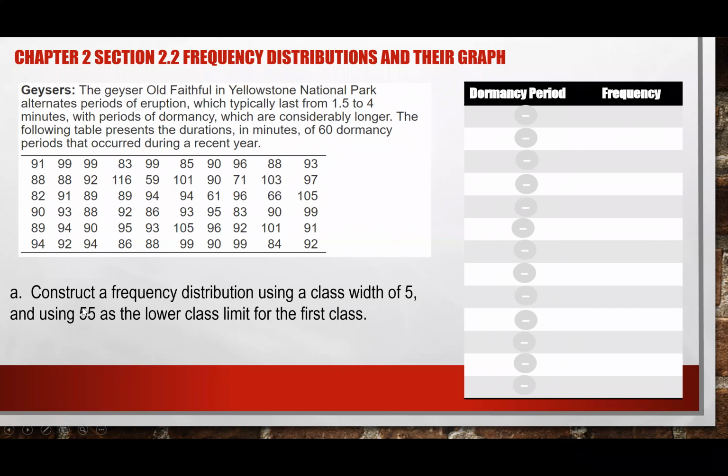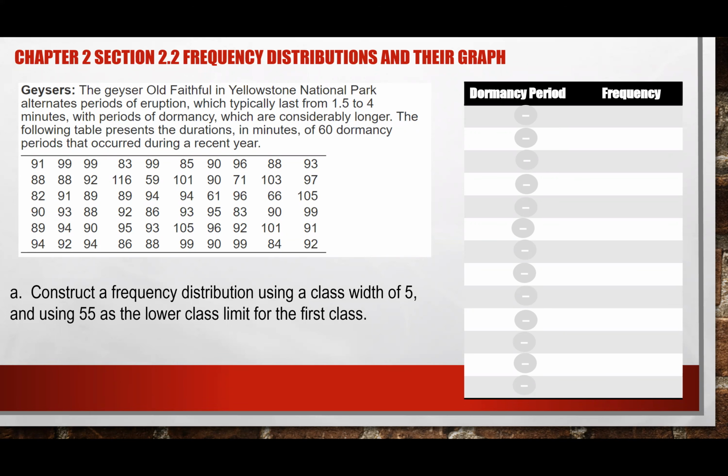So for part A, they ask you to construct a frequency distribution using a class width of 5. So this is good, right? If you look at this question, they spell it out for you. They want you to use a class width of 5 and use 55 as the lower limit. Later on, if not today, on Tuesday, we will run into a question where they don't spell it out, and we have to pick our own lower limit and choose the classes.